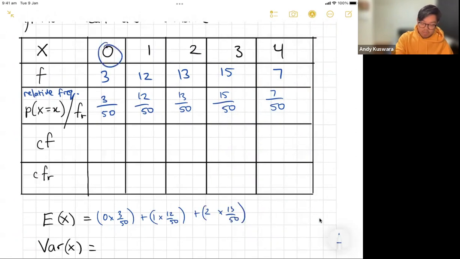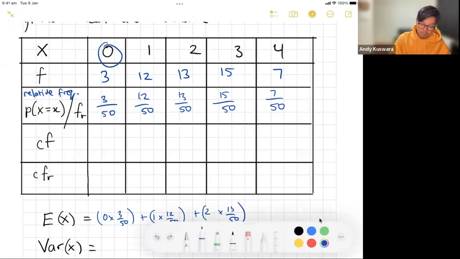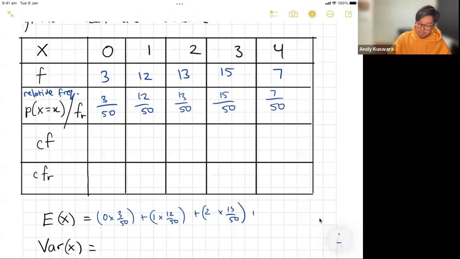So it's this times this plus this times this plus this times this. That's where I'm getting the numbers from. I'll clean that up so it doesn't get too confusing. And then plus 3 times 15 on 50, plus 4 times 7 on 50. Put that in your calculator, and that will give you your expected value.